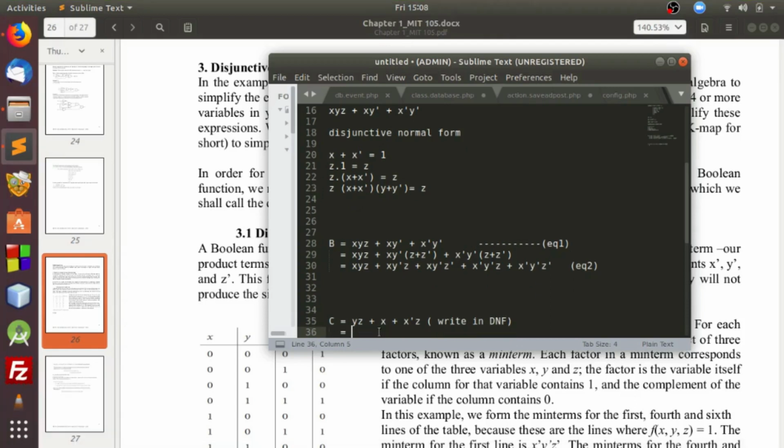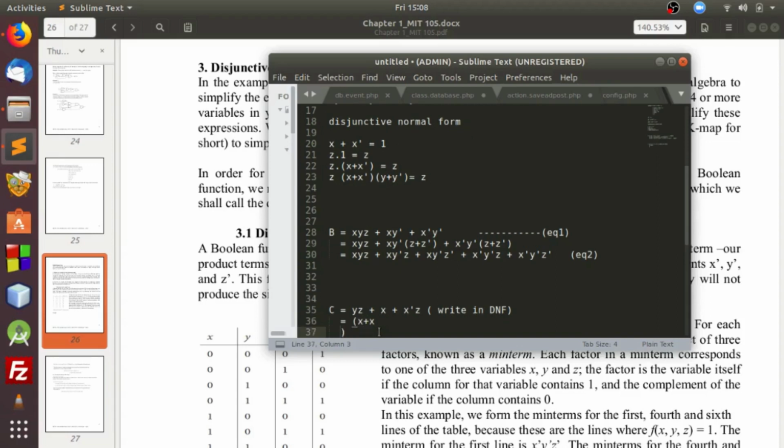There are three variables x, y, and z involved in this Boolean expression. The first term doesn't have an x, so you introduce an x to it. The next term doesn't have a y or a z, so you introduce y and you also introduce z. And the last term there doesn't have a y, so you introduce y.